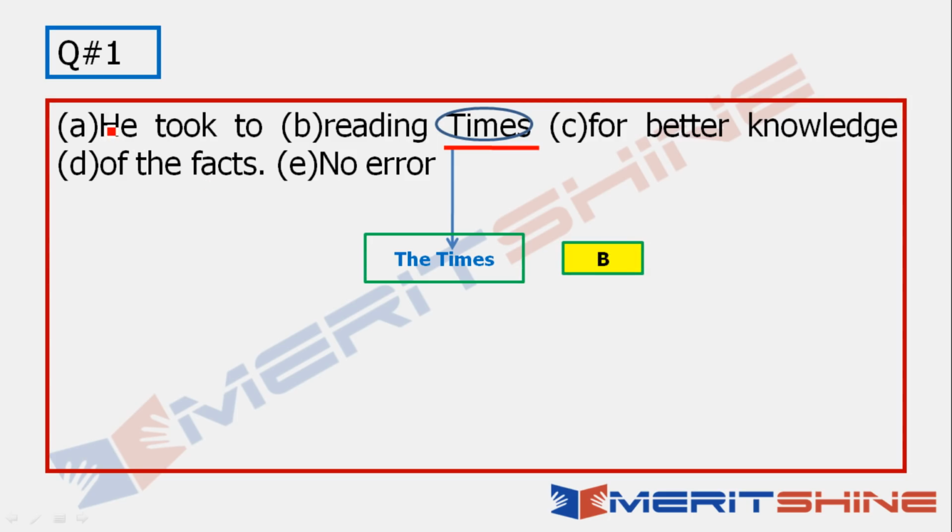Please understand, unlike the questions that we did in the practice session of grammar in the grammar for competitive playlist, where the markers of the part of the sentences were after the sentence. So he took to A slash, reading times B slash. Here it's just the other way around. The marker, or the identifier, is first, and then the part of the sentence goes.